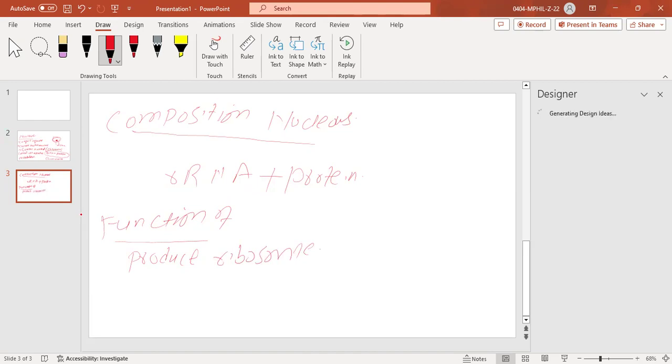These ribosomes which are synthesized inside this part of the nucleus, that is nucleolus, will migrate or transfer to the cytoplasm, and they will pass through specific pores which are present at the nucleus. We always say nuclear pores are specific pores.